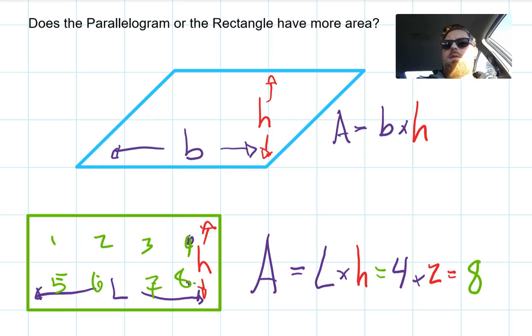So if you can see it already, I've used similar colors because they are the same. So as we're trying to find the area of this parallelogram, let's count the squares of our base. So 1, 2, 3, 4. And then we're counting, well, what is the height of this one? That's 1, 2.